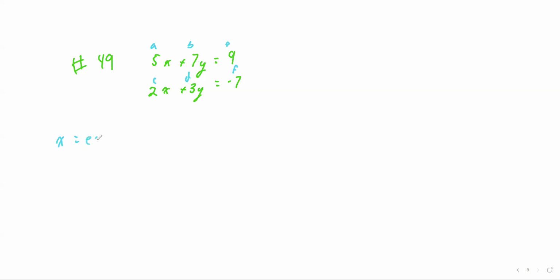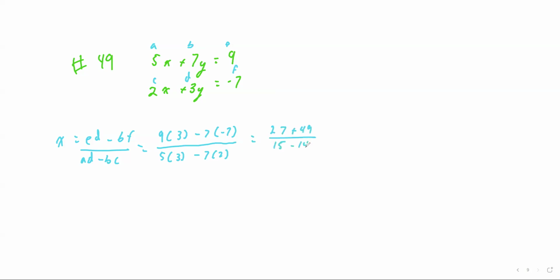So this would be ED minus BF over AD minus BC. So this would be 9 times 3 minus 7 times negative 7 over 5 times 3 minus 7 times 2. So this would be 27 plus 49. And this would be 15 minus 14. So that would give me 1.